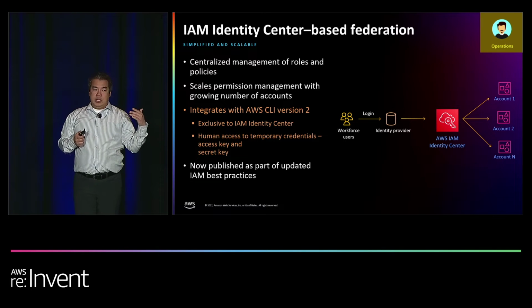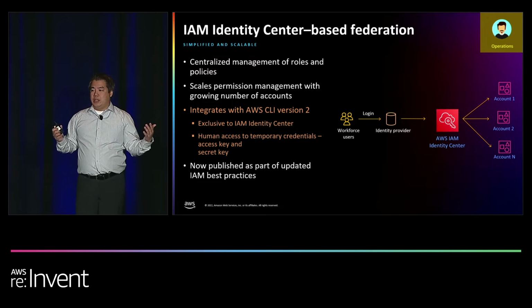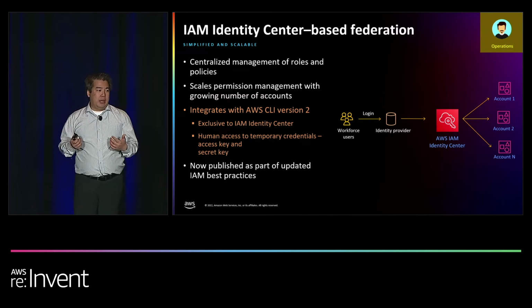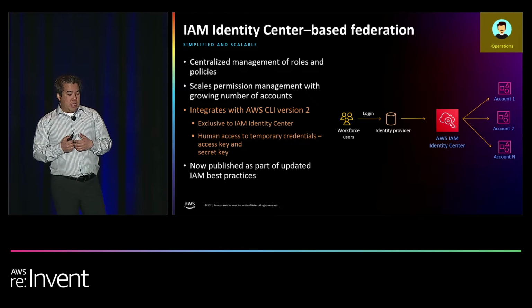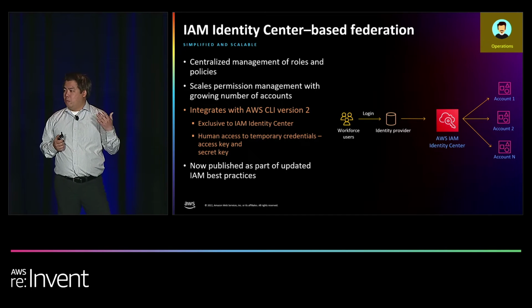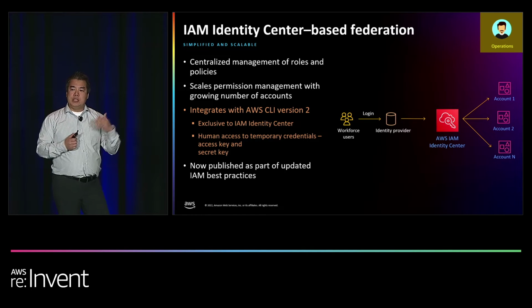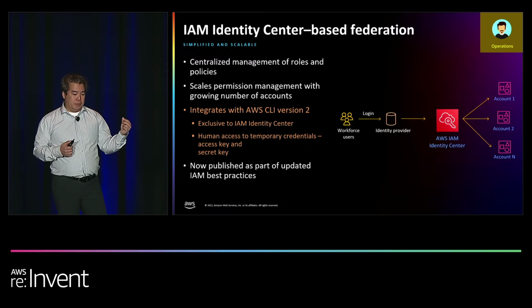Now, Identity Center does come with some features that don't exist anywhere else. One of these features, which I really like a lot and use quite a bit, is the integration with the CLI. You do have to upgrade your CLI if you're on the previous version, but CLI v2 is what works and integrates with Identity Center.